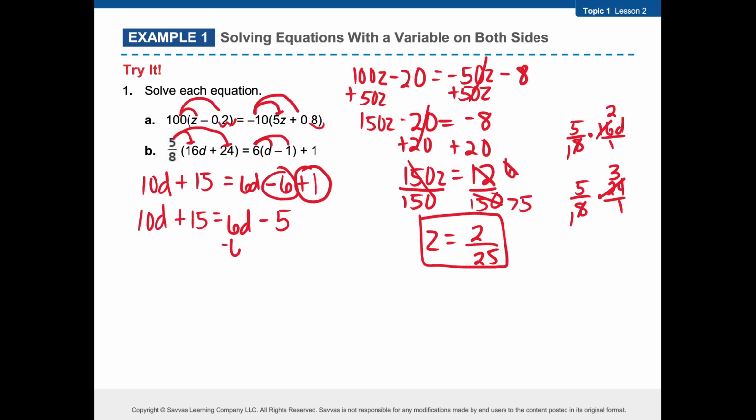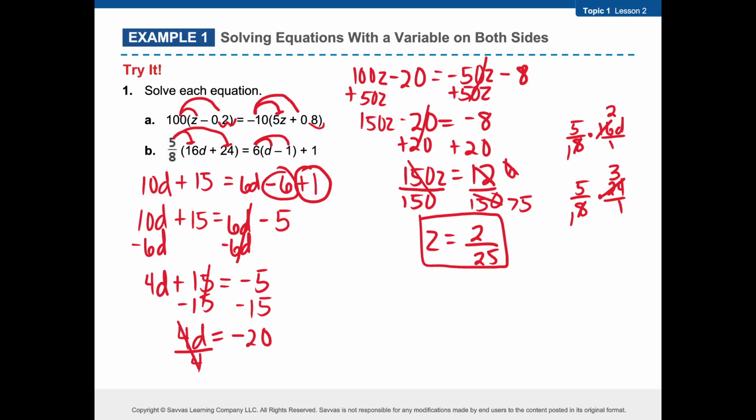Variables on opposite sides, I would get rid of the smaller variable, minus 6d. 10d minus 6d, 4d plus 15. Don't forget to bring down that negative sign. Subtract 15, but just because you're subtracting does not mean you're going to subtract 15 and 5. They have the same sign, so you're going to add them together and keep that sign. Divide by 4 as your very last step, and d equals a negative 5.